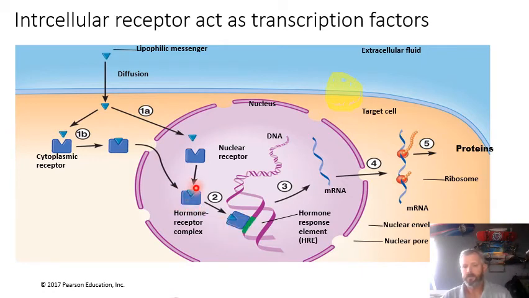When these receptors are bound and activated, they go and bind to portions of the DNA called a hormone response element. This would be the beginning of a gene. So these intracellular receptors act as transcription factors because they induce transcription of various genes that have response elements that bind to these hormone complexes.